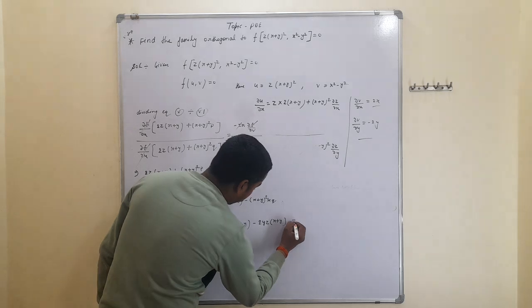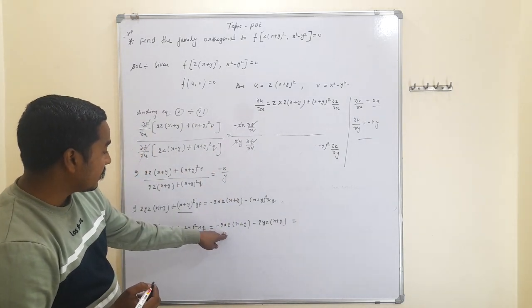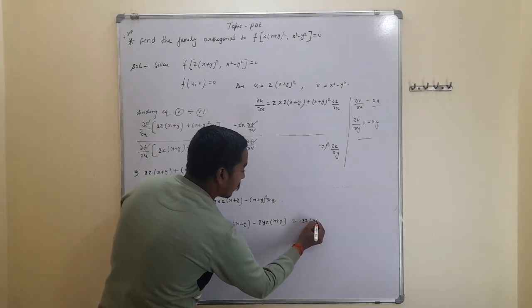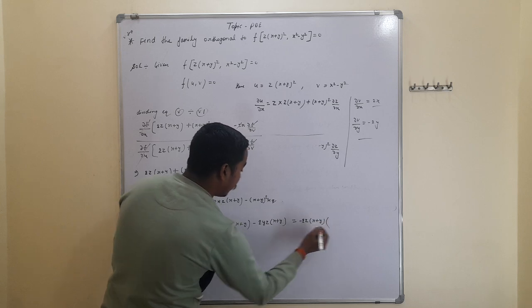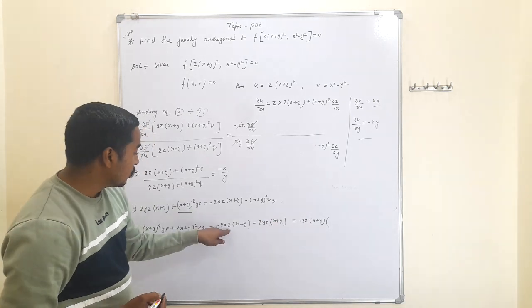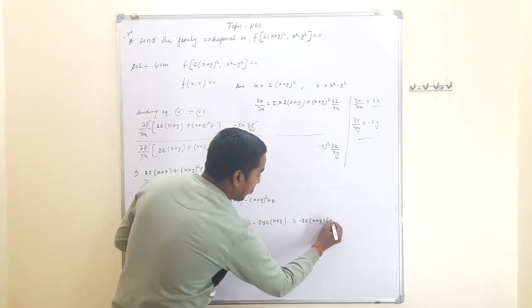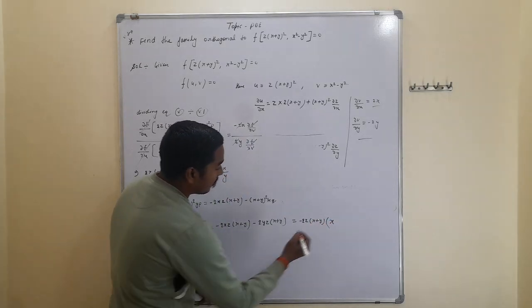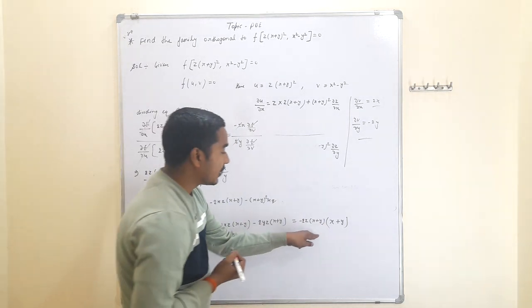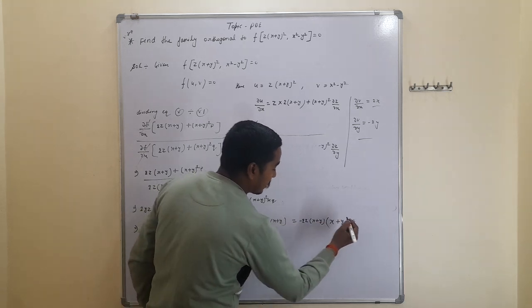We can also write from here, taking common minus 2z (x plus y), and the remaining bracket is x plus y.